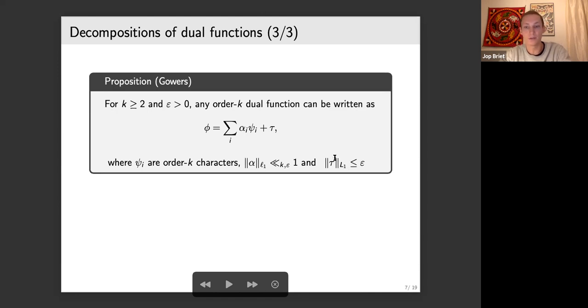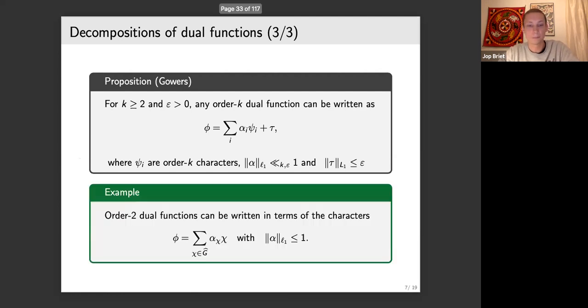So the L1 norm of this error function tau, its average absolute value, is at most epsilon. This is a very nice decomposition theorem that holds in general.